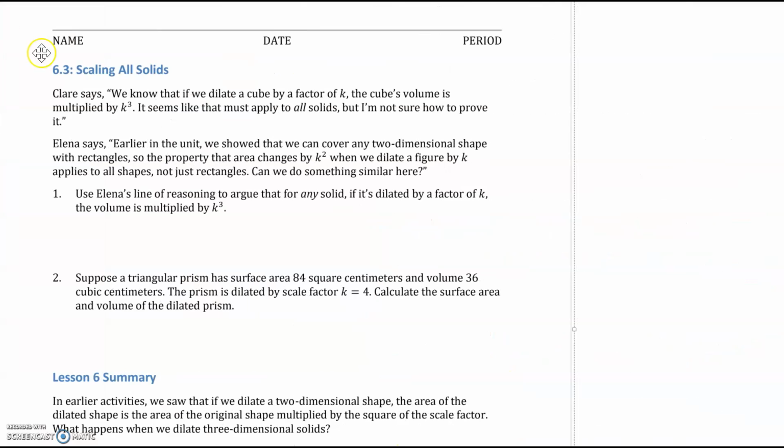Coming back now to Elena and Claire, what we want to do is use Elena's line of reasoning to argue that for any solid, if it's dilated by a scale factor of k, the volume will be multiplied by k cubed. So here's what we're going to do. Suppose we fill a solid with cubes.